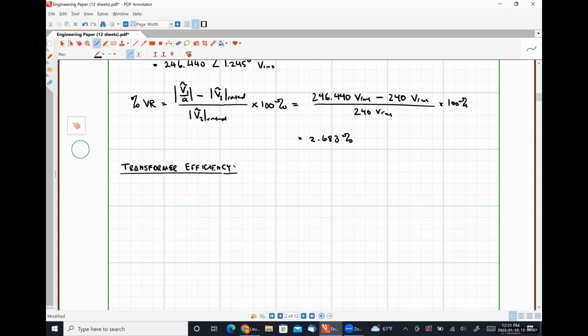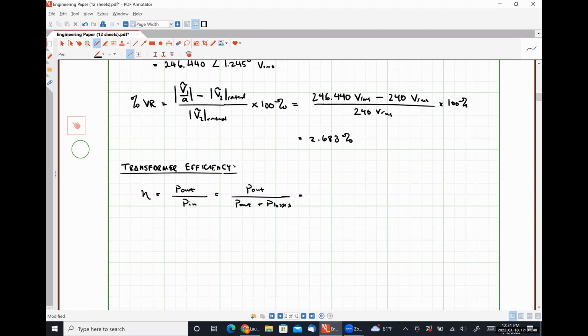That's it. Our transformer efficiency, eta, is just going to be our output power over our input power. Well, we can re-express our input power as the sum of our output power plus any losses that are incurred.